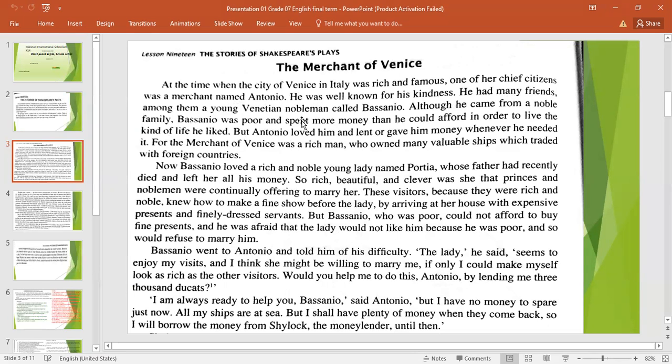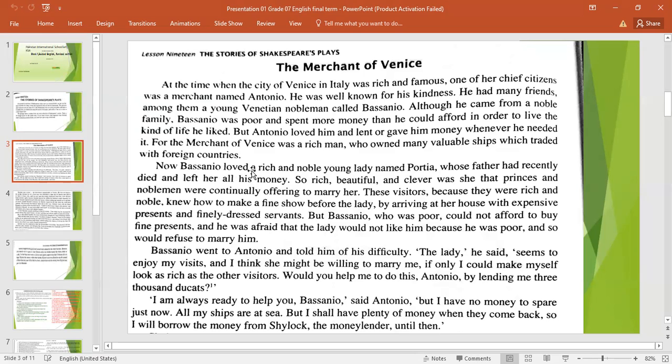Although he came from a noble family, Bassanio was poor and spent more money than he could afford in order to live the kind of life he liked. But Antonio loved him and lent or gave him money whenever he needed it. For the merchant of Venice was a rich man who owned many valuable ships which traded with foreign countries.